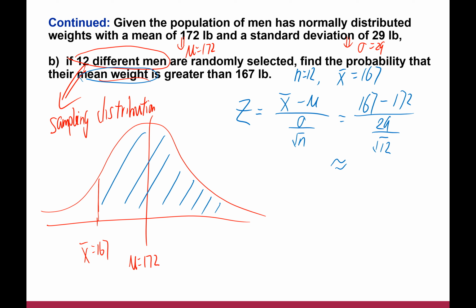Then we get a much larger magnitude z-score, which turns out to be negative 0.60. Now again, go to the center of table A2.